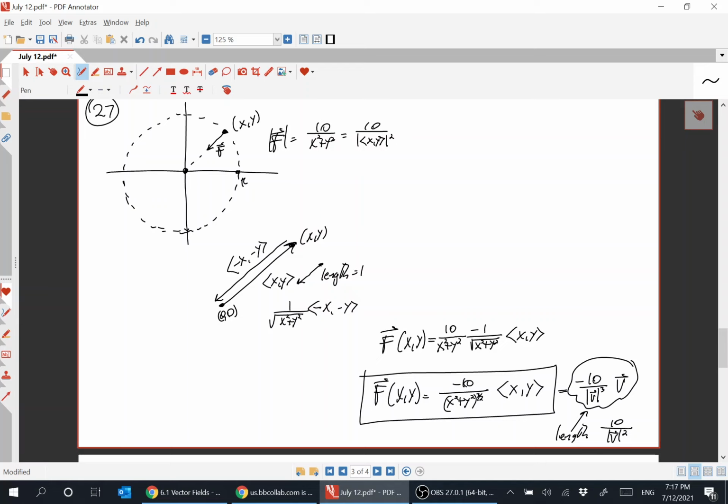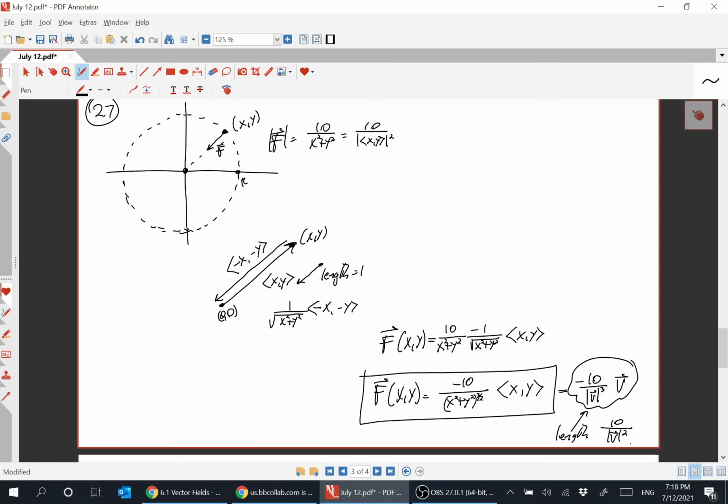That's the type of vector field that you get. It always looks like this: a constant over the distance to the third times the vector out from the origin. And the length of such a thing is the constant over the distance squared, because the length of this is v, and the length of that is v to the third, so they cancel out and give you that.